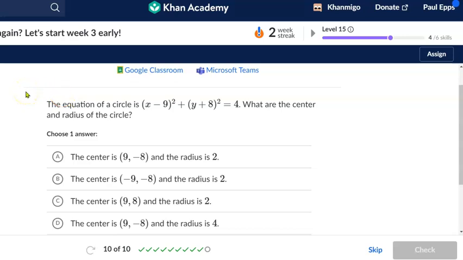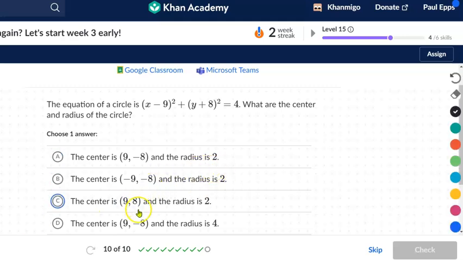The equation of a circle is x minus 9 squared plus y plus 8 squared equals 4. The equation of a circle is x minus the x coordinate of the center, squared, plus y minus the y coordinate of the center, squared, equals the radius squared.